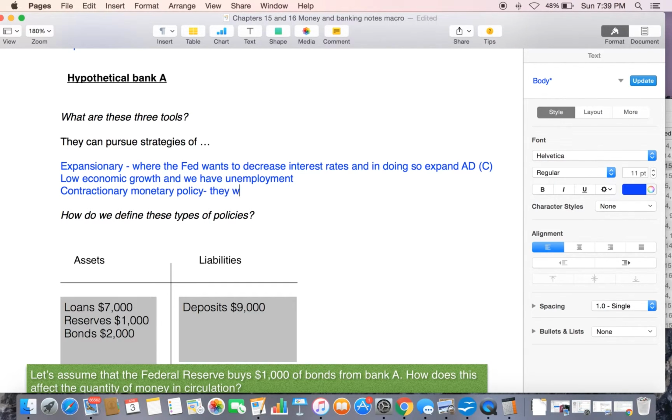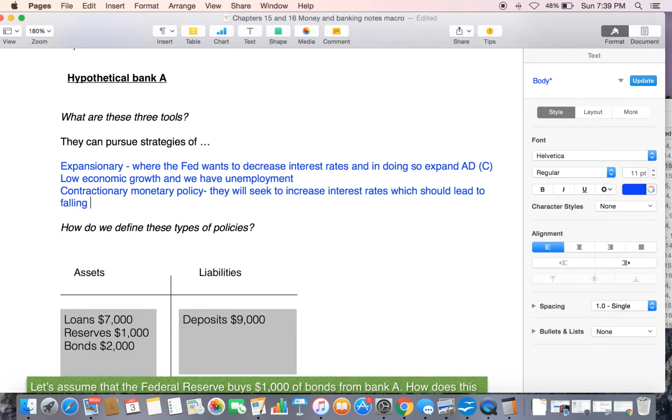So they will increase interest rates, which should decrease aggregate demand, and this is done also through consumption.